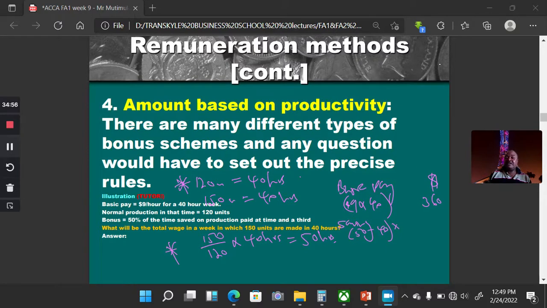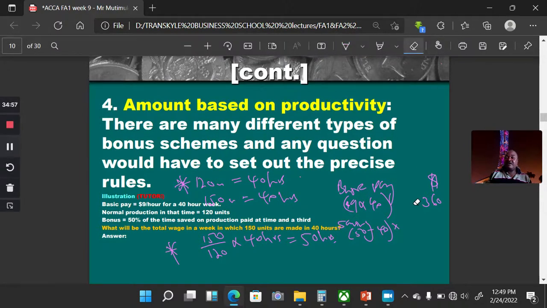Okay, let me just write here. The saving is equal to 10 hours. Okay, so the bonus is based on this saving. So 10 hours. So the bonus would be 10 hours multiplied by $9 per hour.